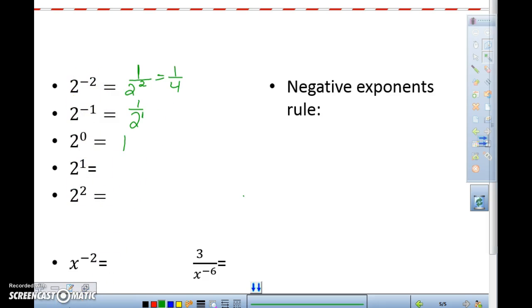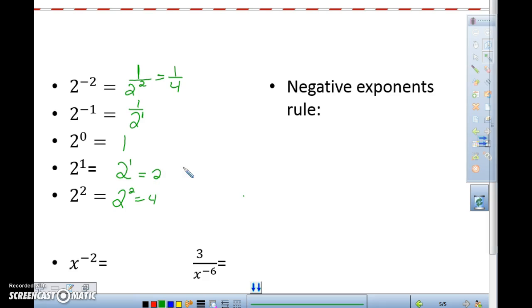To the 0 power, it's 1. If you have negative 5 million to the 0 power, it's still 1, okay? 2 to the first power, 2, I'm going to keep it as 2 to the first. 2 squared, 4, I'm going to write it as 2 squared.